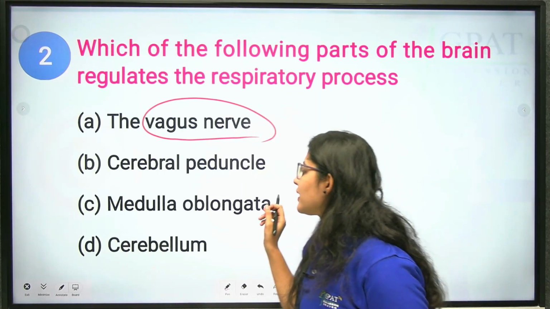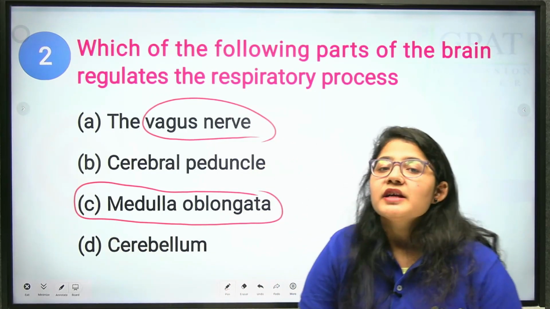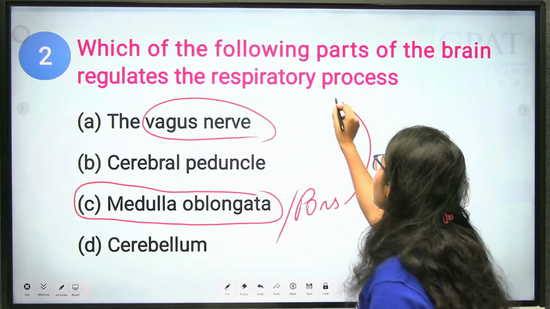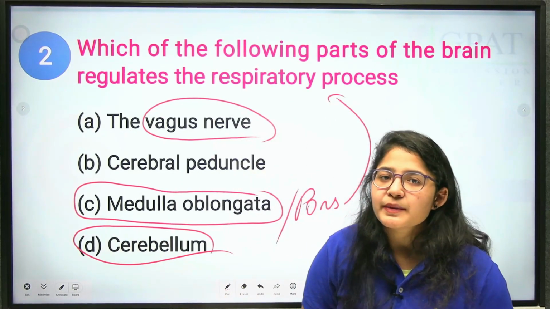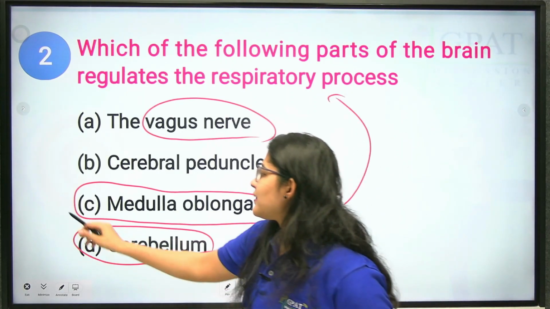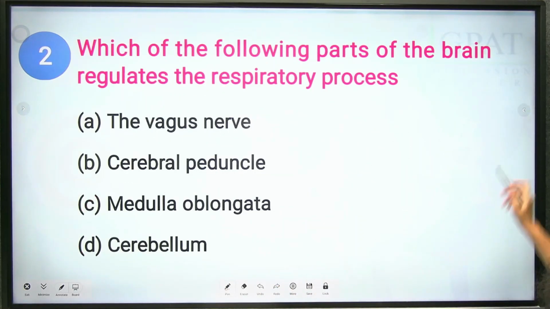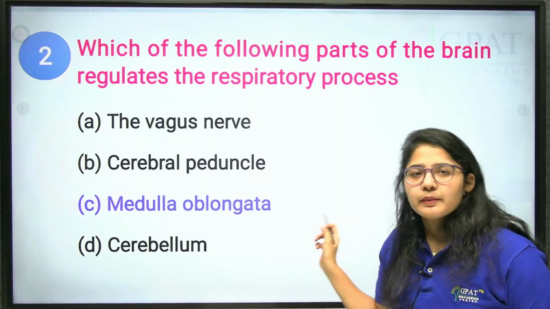Next is your medulla oblongata, also a part of your brain, especially the pons, controls the respiratory process, and the cerebellum is responsible to maintain the balance of our body. So the correct answer will be your medulla oblongata. Clear? This is responsible for the regulation of your respiratory process.